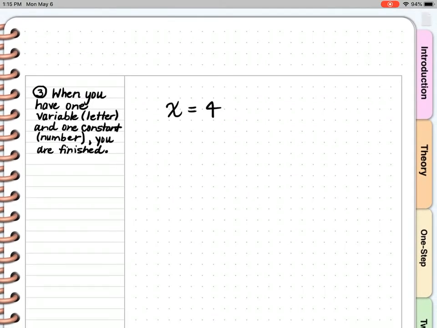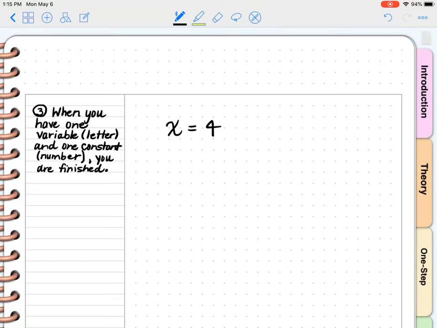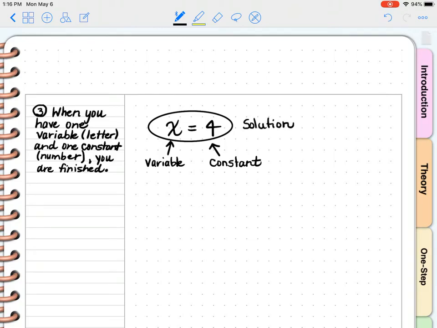But you have one variable and you have one constant with the equal sign between, so you have a solution. This is called the solution to an equation, and that is what we are looking for.